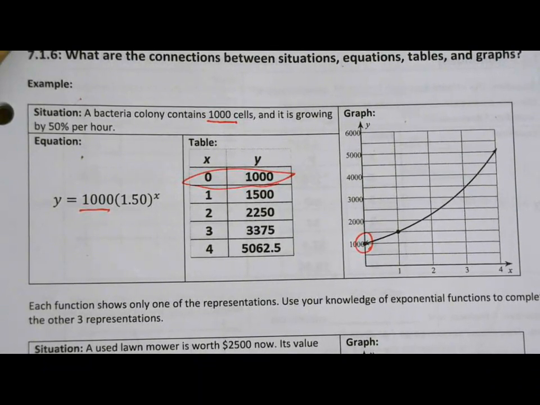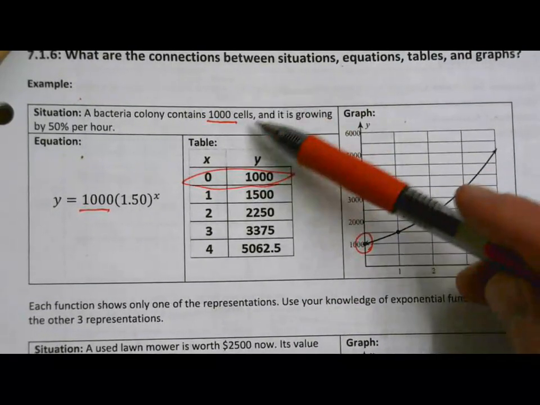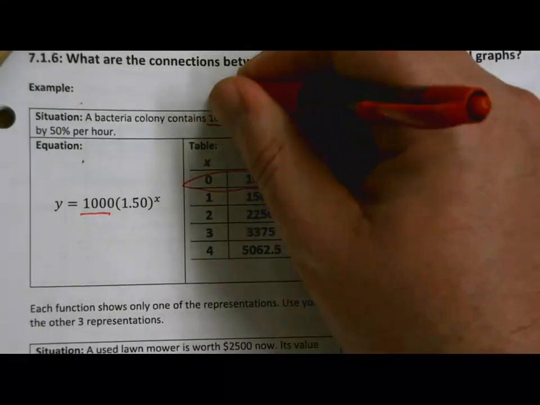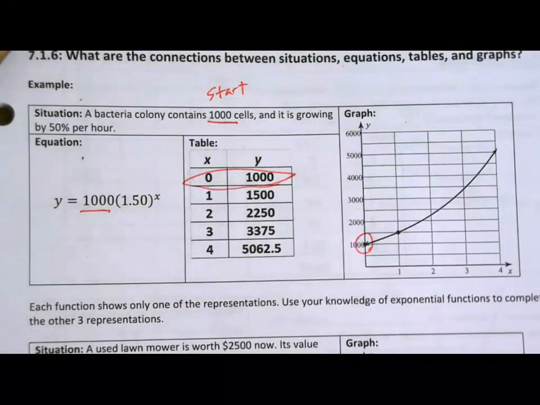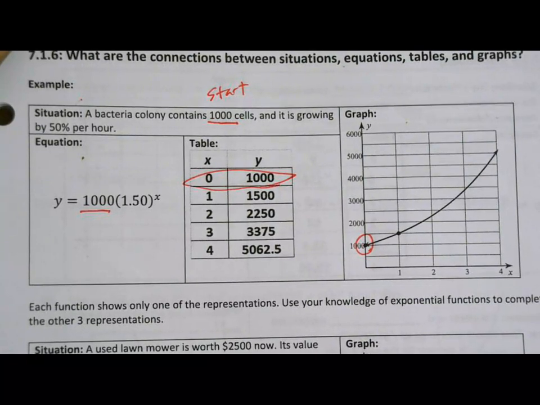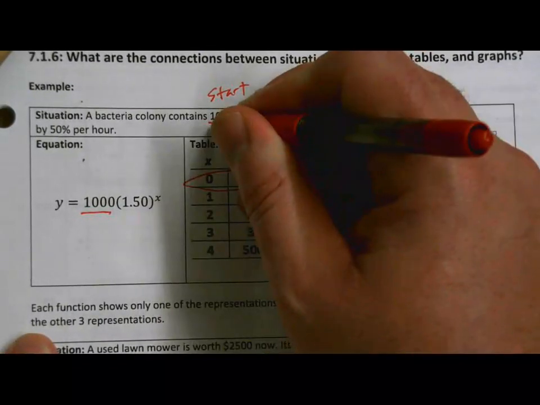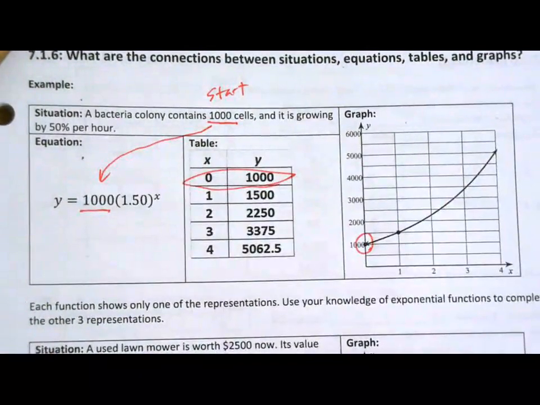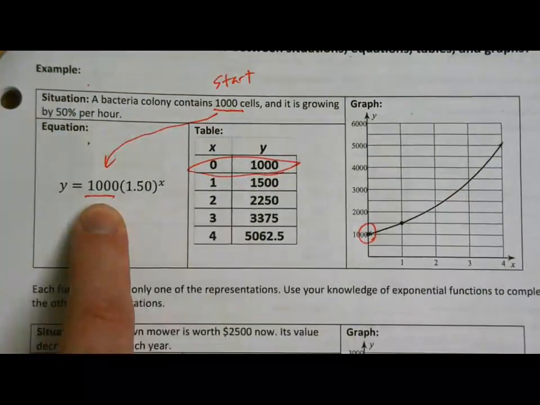So let's draw some connections about that 1,000. What is special about the number 1,000 in this situation? It's the starting value. I'm just going to write that down. Again, we're just taking some notes to help us, if we get stuck later on, to figure out how these things get connected together. So the starting value, that 1,000, is connected to our equation. It's the first thing in our equation. Is this the A or the B?